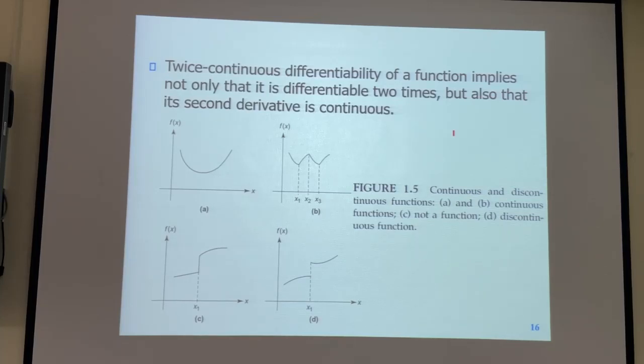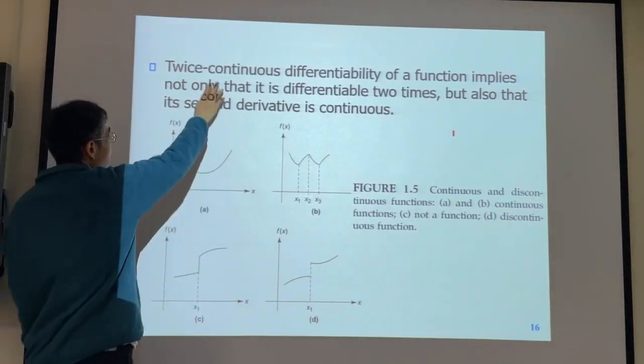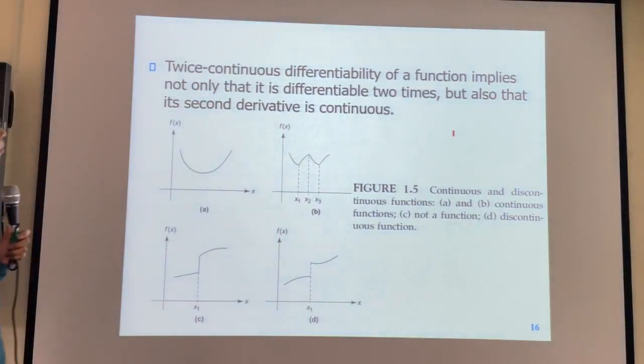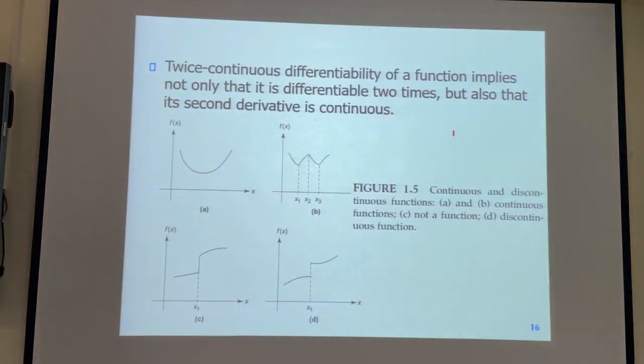And 6x means it's twice differentiable. But twice continuously differentiable means the second derivative is also continuous. See, x cubed's second derivative is 6x, but 6x is a continuous function. See, it is a straight line, it's continuous.